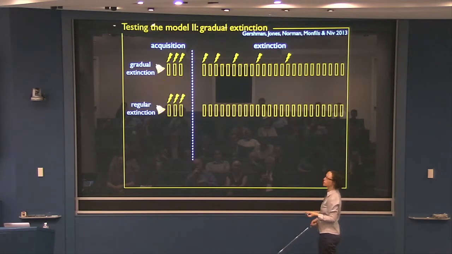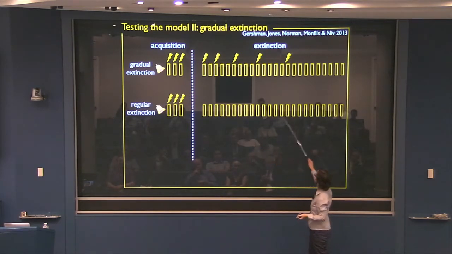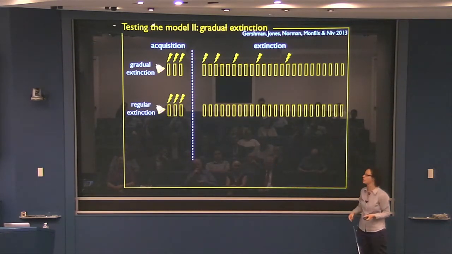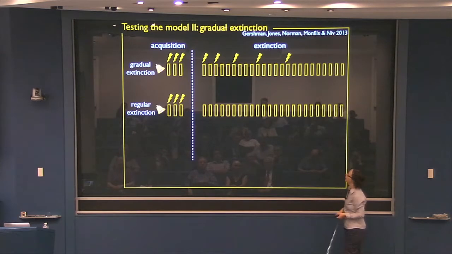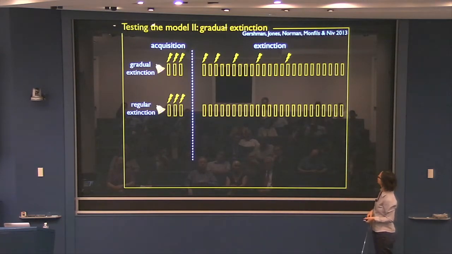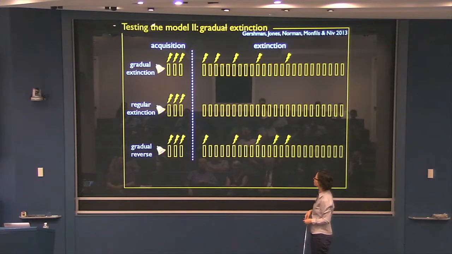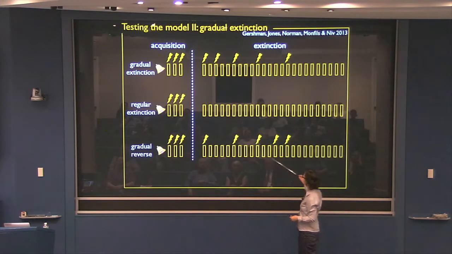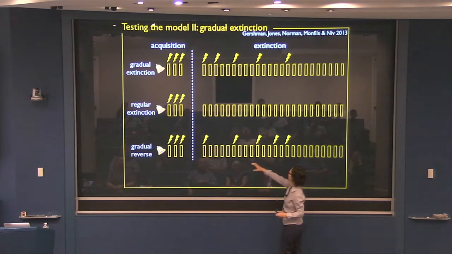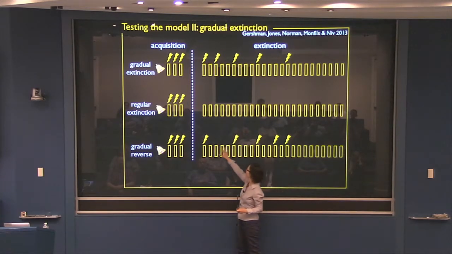And we compared this to regular extinction, which is just the same number of trials, but no shocks at all in extinction. So our gradual extinction rats are getting 5 shocks in extinction, actually more than they got in acquisition. And our regular extinction rats are getting none. And we compared this to one more condition, which we called gradual reverse, that also had 5 shocks in extinction, but they started out quite spaced.